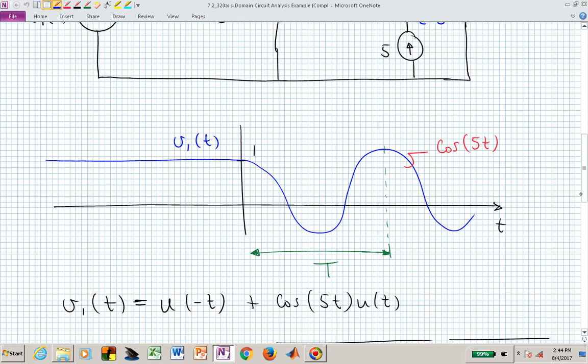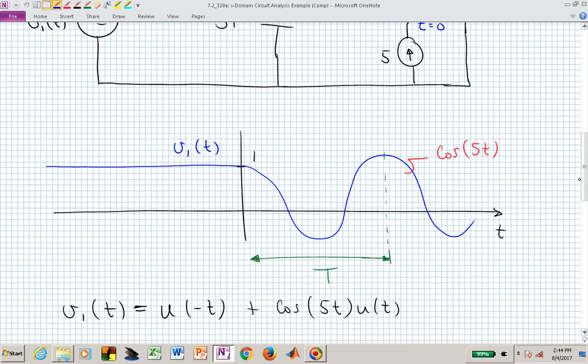In this particular case, I hope that you can see that the omega, if someone asks you for that information, if they didn't tell you what it was, and if they gave you what T was, or if you could measure this period of oscillation, then that period T would have to be such that 5 is equal to 2 pi over T. So you could find the frequency of that cosine waveform either by somebody telling you what omega is, or if they sketched this waveform and you could physically measure the period of that waveform.